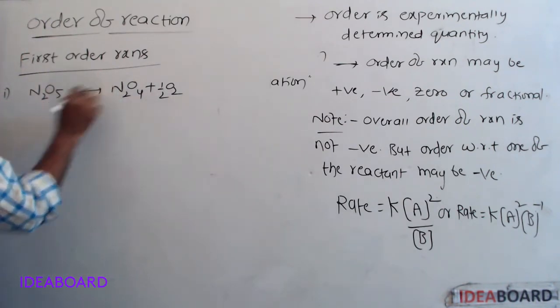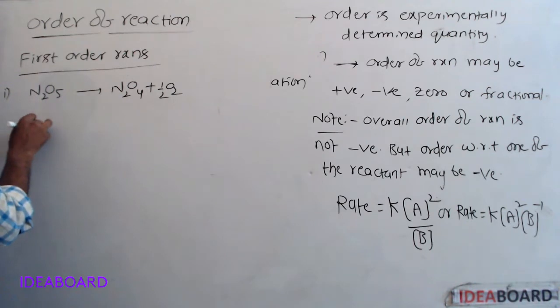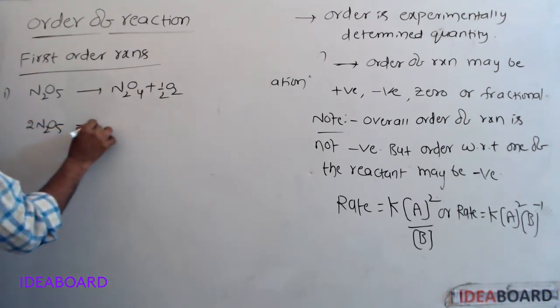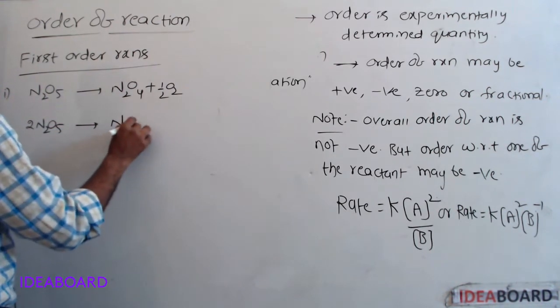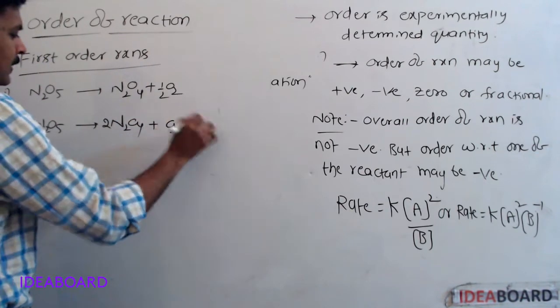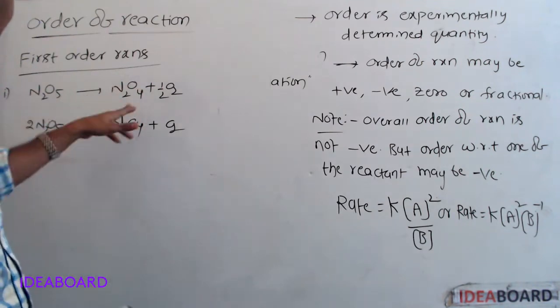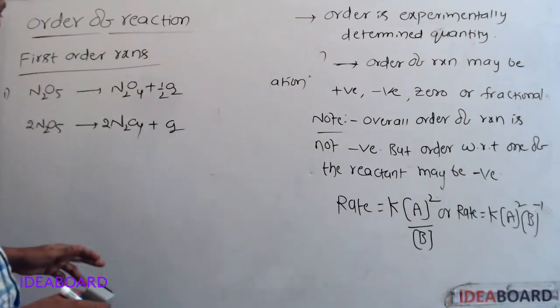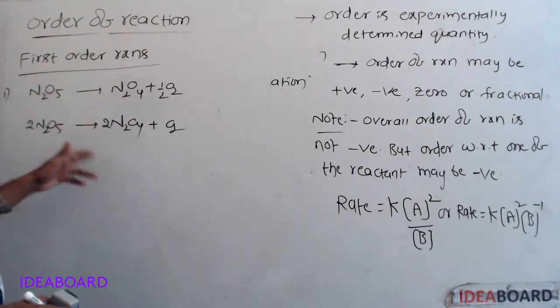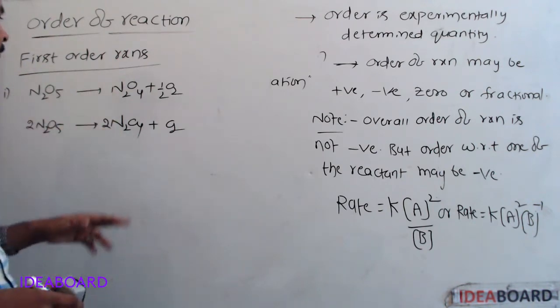For the same reaction, we can write it like this also: 2N2O5 gives 2N2O4 plus O2. Then the order of reaction is not 2. For this reaction, rate equals K into [N2O5] power 1.